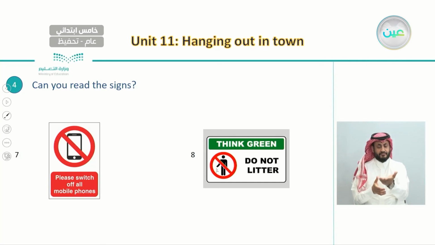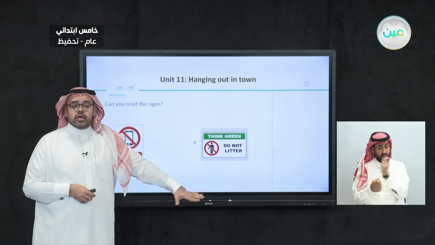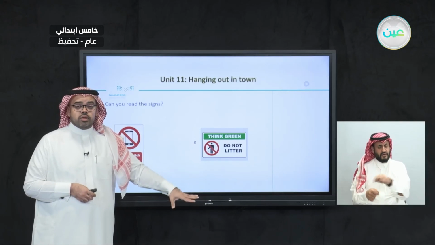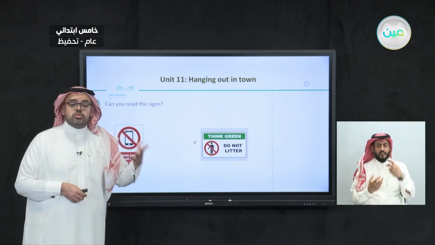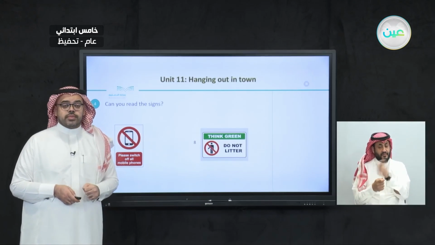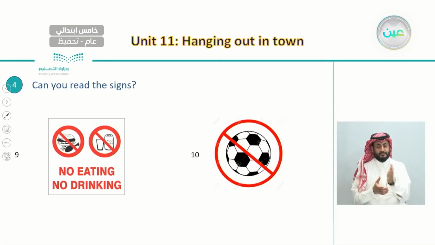And what about number 8? Can you read the sign of number 8? It says, do not litter. Do not throw things in this place. Think green. Think of the environment. Don't do this. And this will leave us with the last 2 signs, which is number 9.